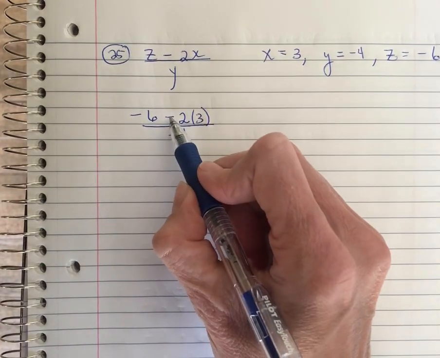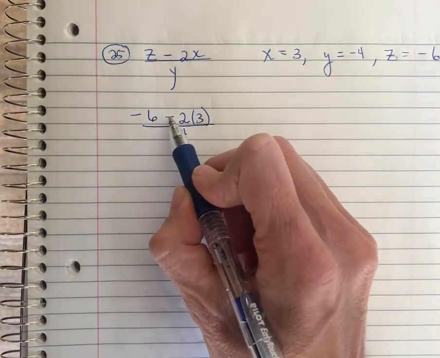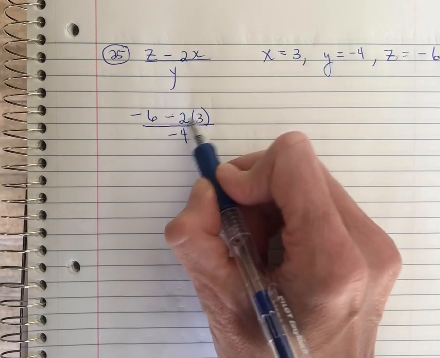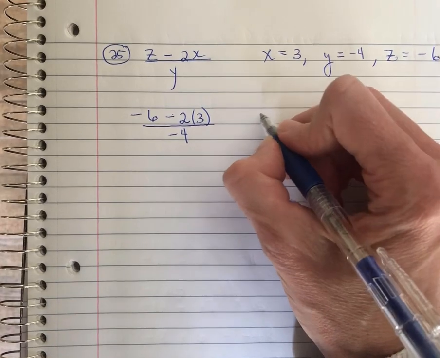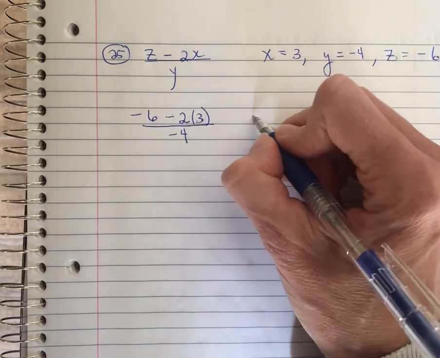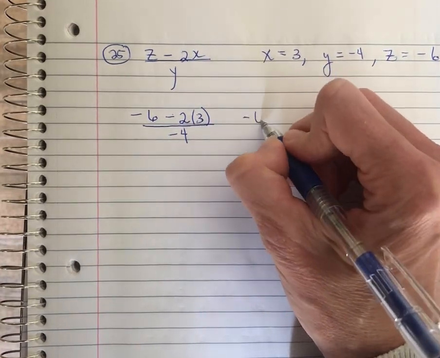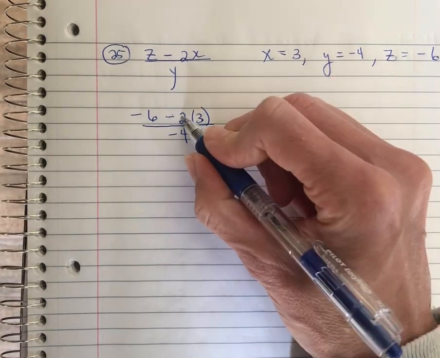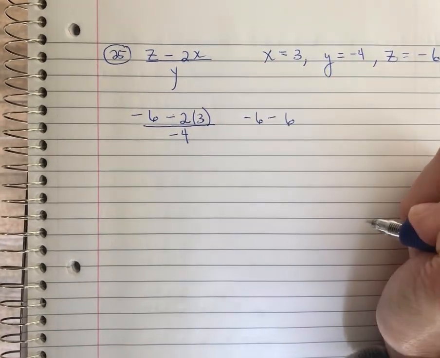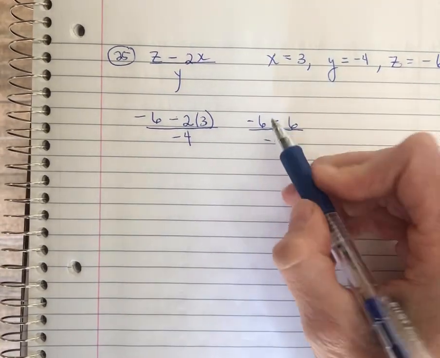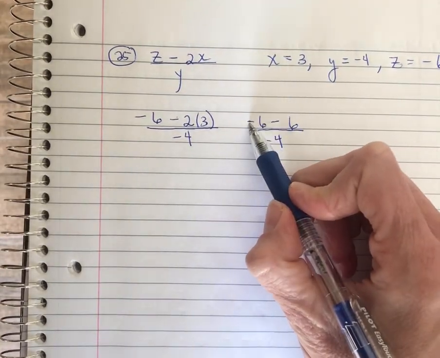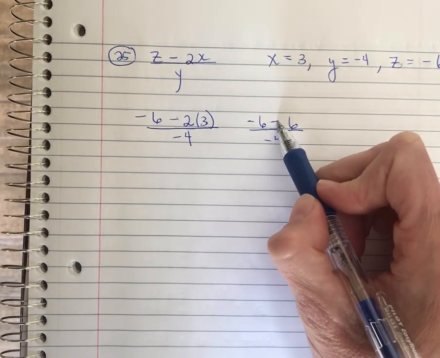So in our numerator, we have 2 operations we have to deal with: subtraction and multiplication. Well, multiplication comes first in order of operations. So I'm gonna solve 2 times 3. So -6 minus 2 times 3 is 6. And I'll just keep that all over the -4. Then I need to work out -6 minus 6.